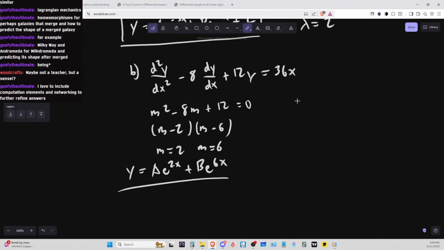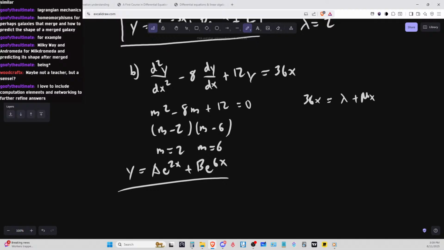Next, we will do the other side. And I think this one has to be lambda plus something x. I think it's mu of x.